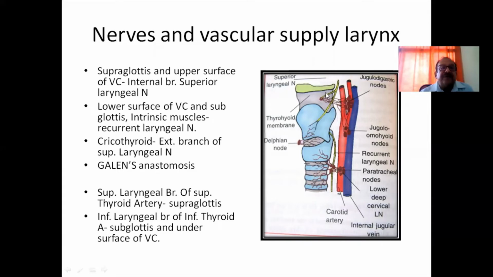The lower surface of vocal cord and subglottis, and the intrinsic muscles, are supplied by the recurrent laryngeal nerve. Now the cricothyroid is supplied by the external branch of the superior laryngeal nerve.